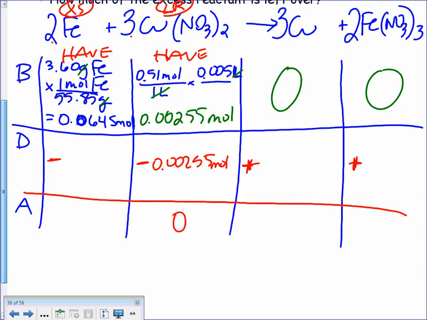So for the other reactant, it reacts in a special way. It reacts with this guy, and so I'm going to write minus 0.00255 moles, but reacts in a special ratio. And the ratio is always correlating with the guy that you're talking about, the reactant you're talking about, over the LR you're reacting with.